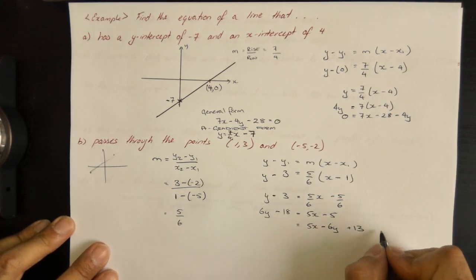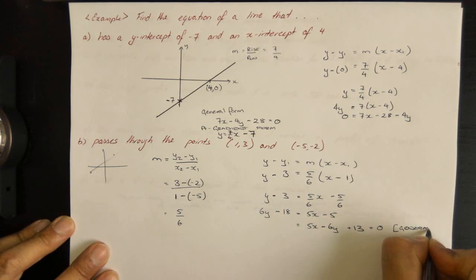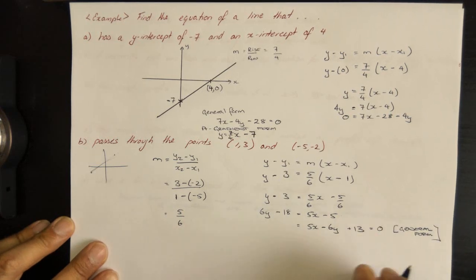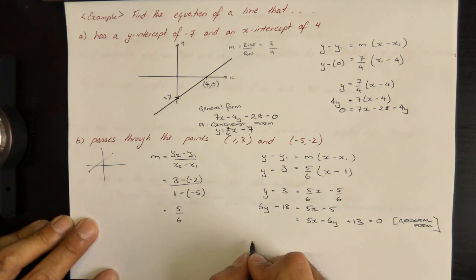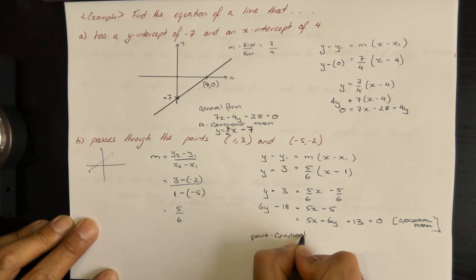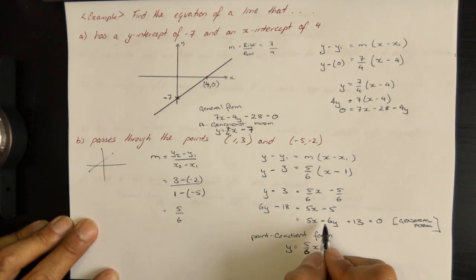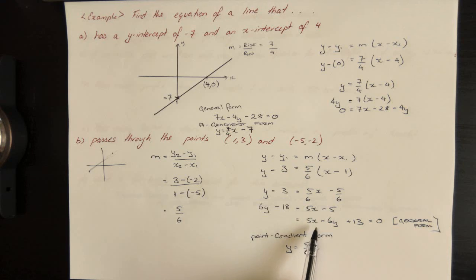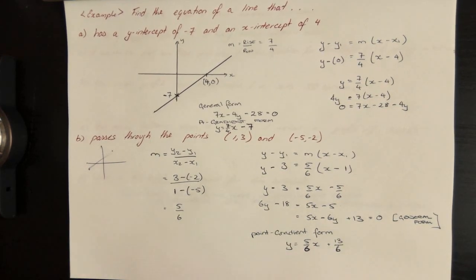Good. So my general form is that. And then my point gradient form is going to be y equals 5 over 6 x, and if I plug x equals 0 here, so we get 0, I get plus 13 over 6 as my y-intercept.